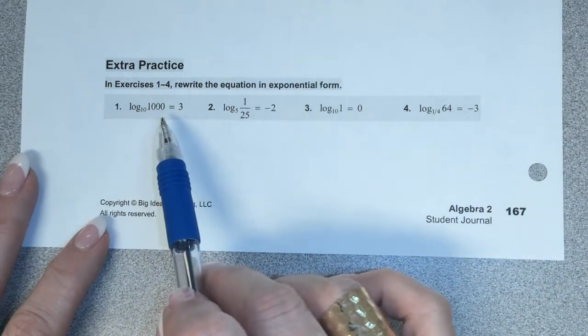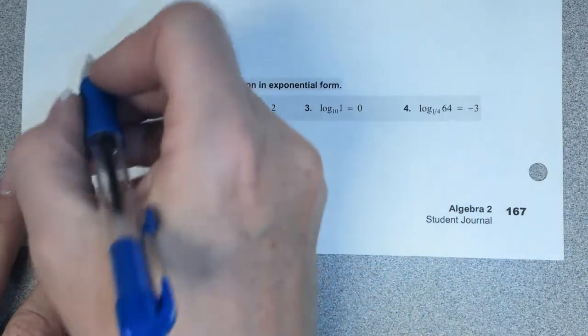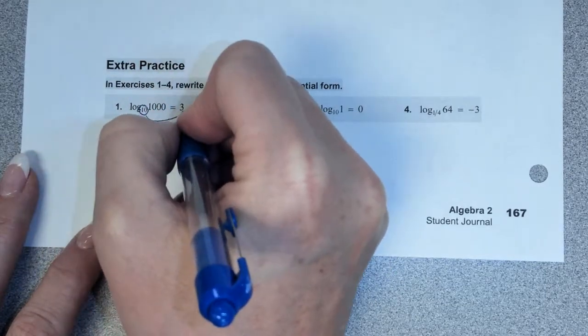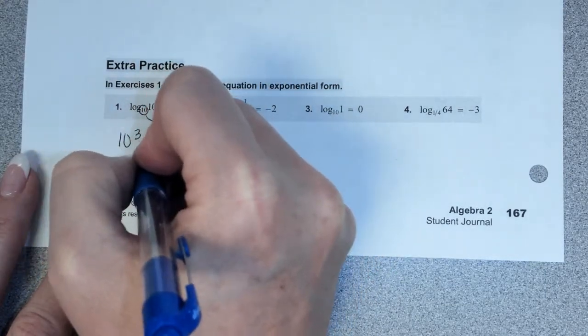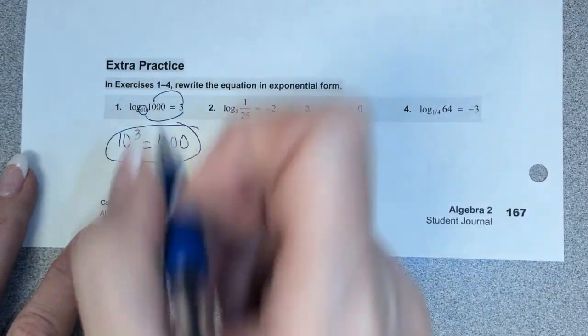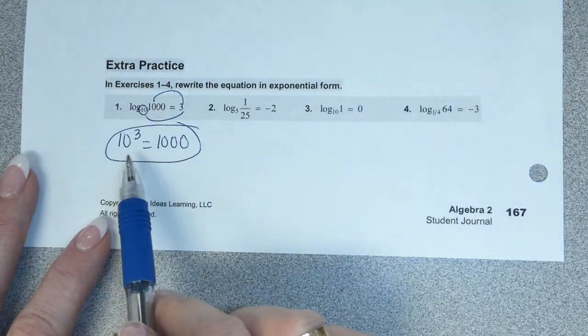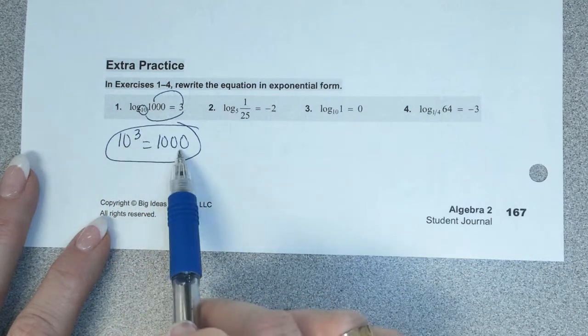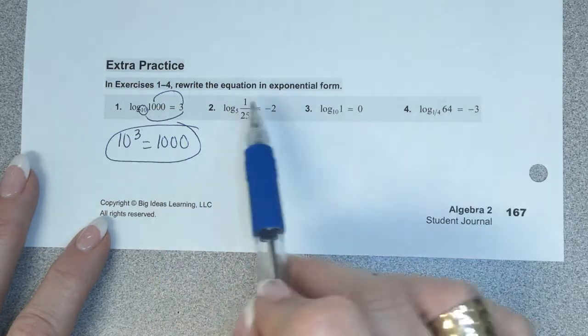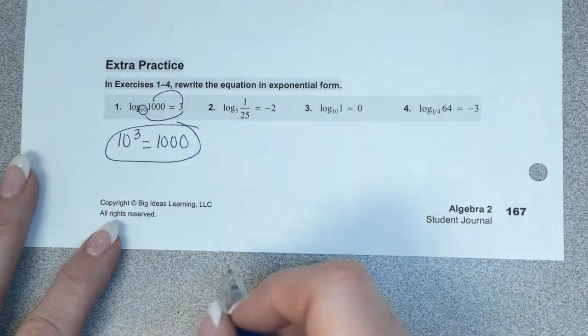Right now they're written as logs. So find the base. Come over here to this and come back around. And when you're finished, it should be a true statement. Is 10 to the third 1,000? Yeah, so we know that we're correct. Go ahead and do the other three.